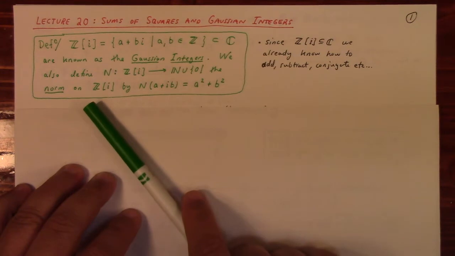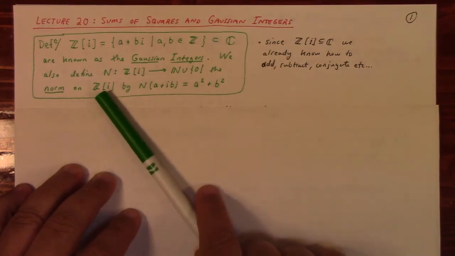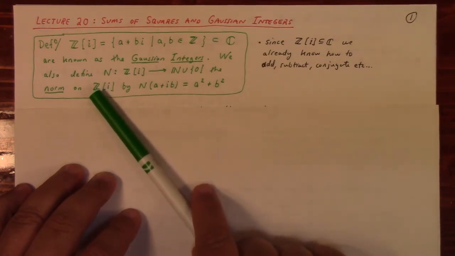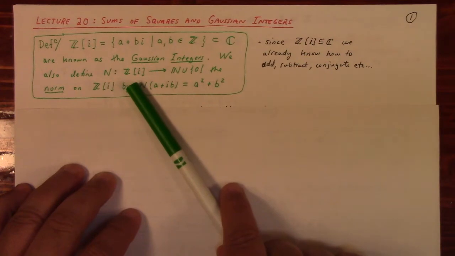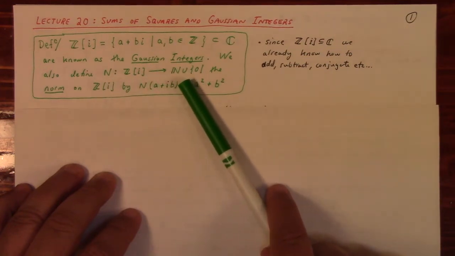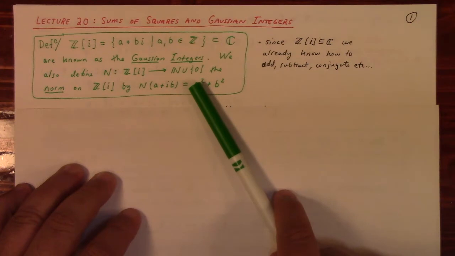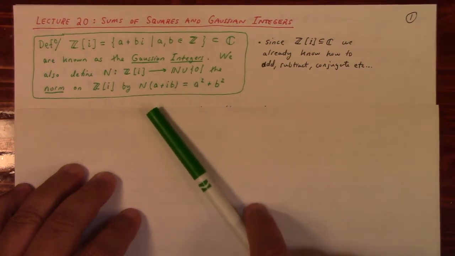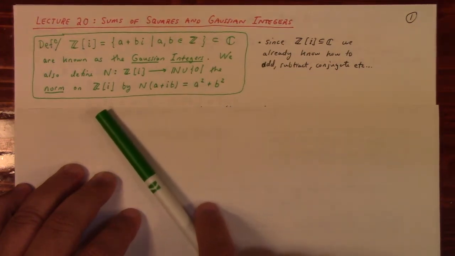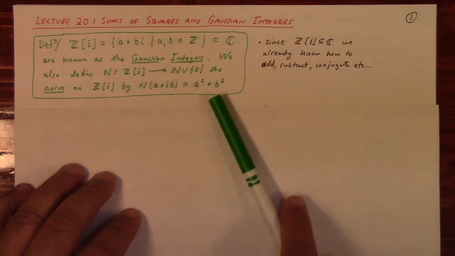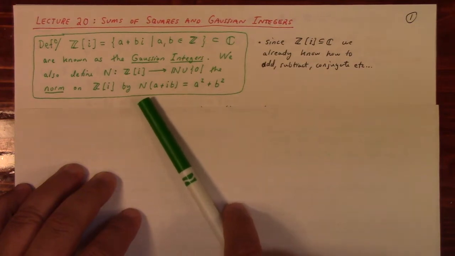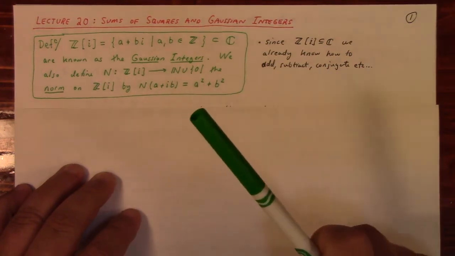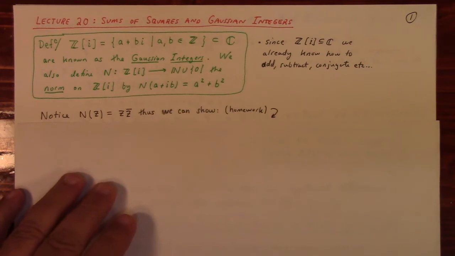So for the purpose of this, in the next lecture, we're going to define the norm on the Gaussian integers to be this big N. What N does is it takes in a Gaussian integer and outputs a non-negative integer. And the way we define the norm is just to take the sum of the squares of the components like that, right? Of course, we know we could also write the norm of z as z z bar. That would give us the same formula, right?